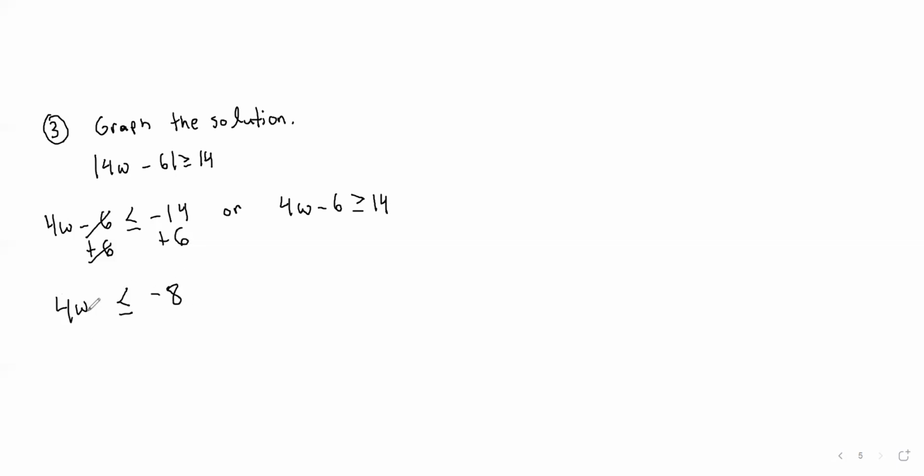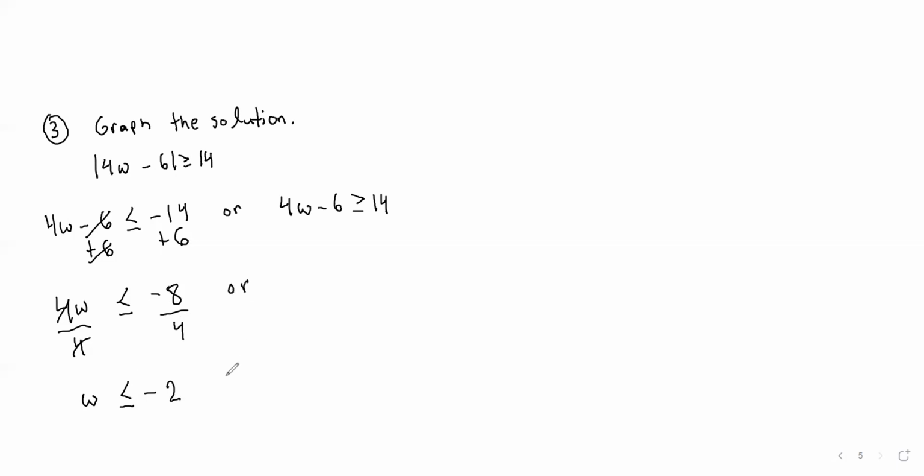And now to solve for w, since we have 4w less than or equal to minus 8, we just divide by 4. So I divide the left and right by 4. The 4 over 4 here cancels, so we just have a w. And it's less than or equal to minus 8 over 4, which is minus 2. So for our first solution, we have w less than or equal to minus 2.